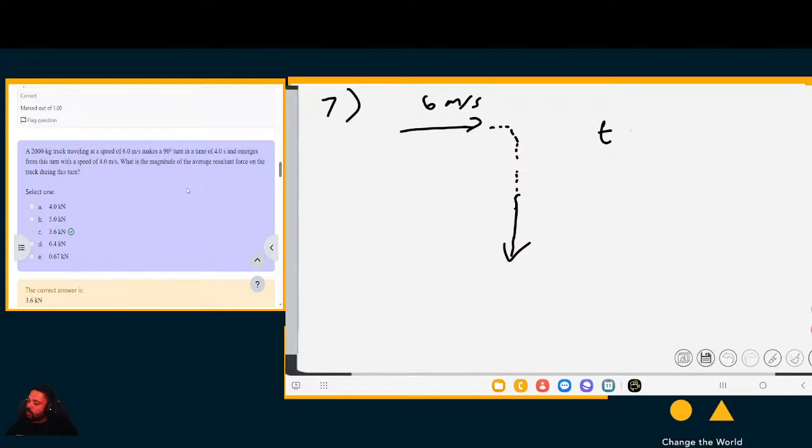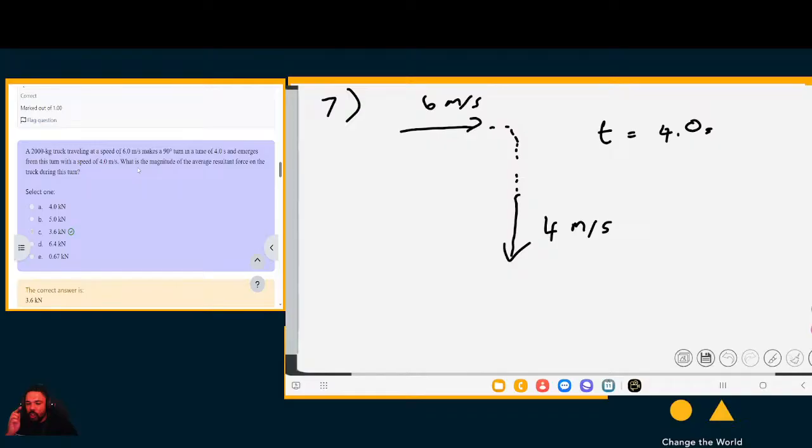So the time it takes to make this turn is 4.0 seconds. And it emerges from this turn with a speed of 4 meters per second. Now it actually has a new speed of 4 meters per second after it has taken that 90-degree turn.